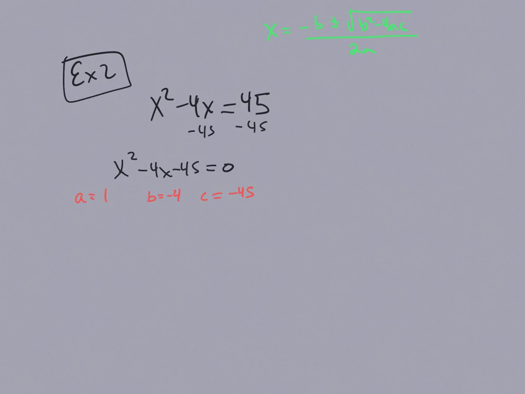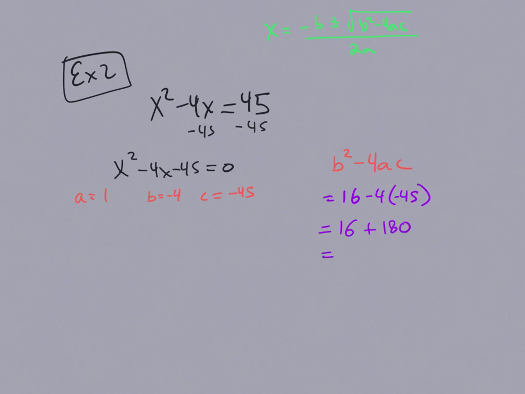From there, I do my discriminant, b squared minus 4ac, which equals b squared is positive 16 minus 4 times, and then I do ac, that would be negative 45, because it's negative 45 times 1. So this is going to be 16 plus, and you could use a calculator here if you wanted to, 180.